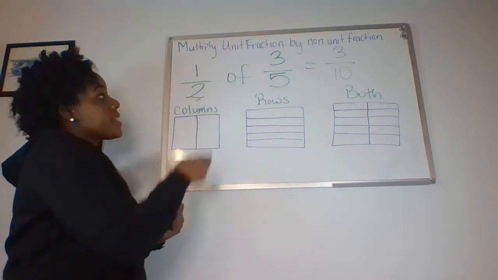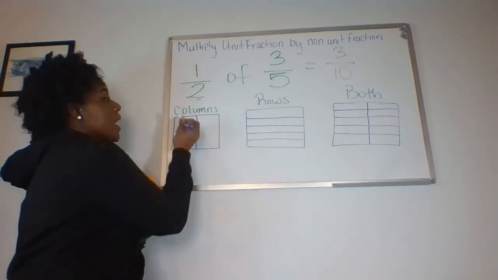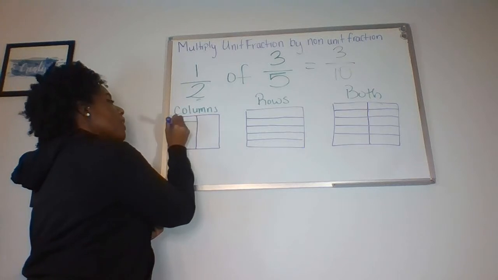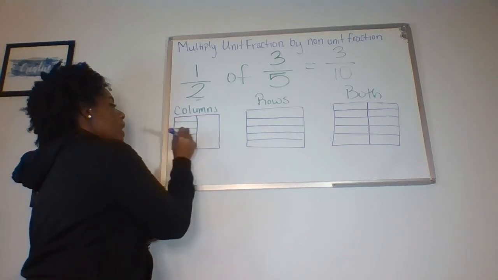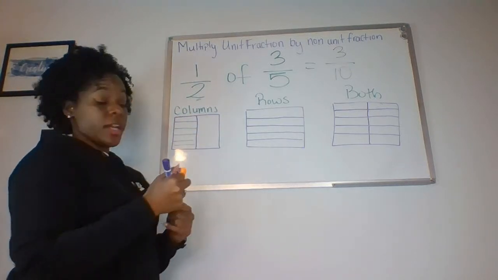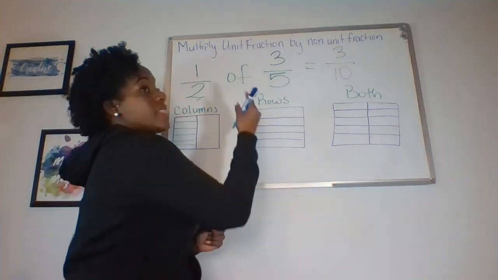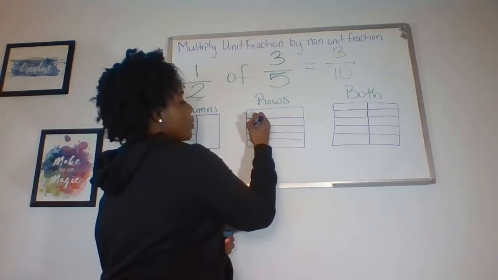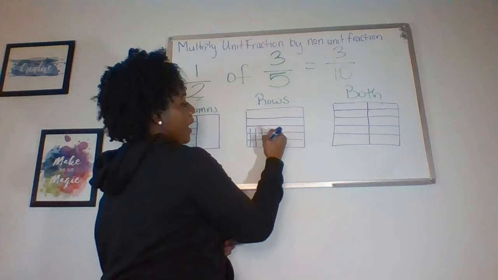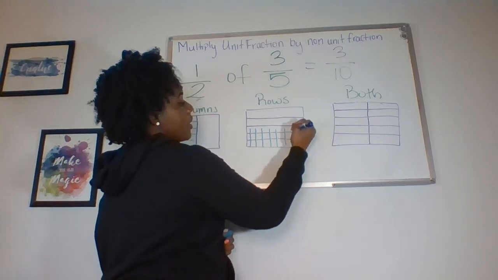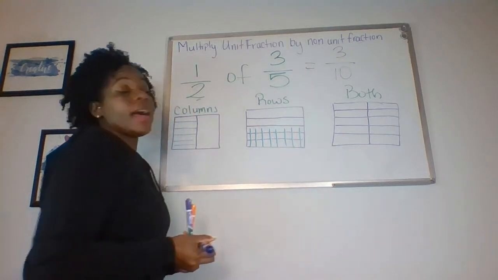Because the numerator says that I have to shade in 1 out of the 2, I'm going to shade in 1 out of the 2. Because this numerator says that I have to shade in 3 out of the 5, I'm going to shade in 3 out of the 5.